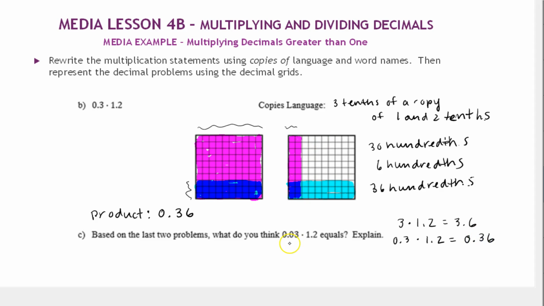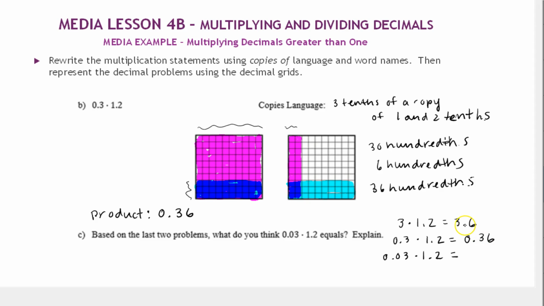Okay, and now we're asked, what would 0.03 times 1.2 be equal to? Okay, so 3 copies of 1.2 is 3.6. 3/10ths of a copy of 1.2 is 36 hundredths. So 3 hundredths of a copy of 1.2, well, that would be 1/10 the size of the previous result.